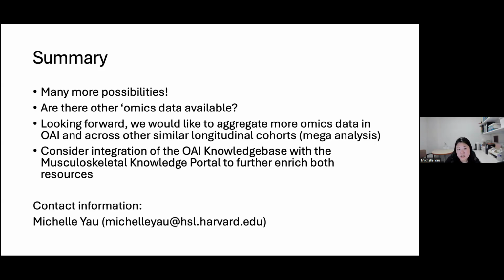We're working on collecting more single cell data on tendon, cartilage, bone, anything that's relevant to a musculoskeletal trait. Finding a way to integrate these two would be ideal to enrich both resources. In summary, there's a number of possibilities for using what's already been generated in OAI, but I think there's more to come.